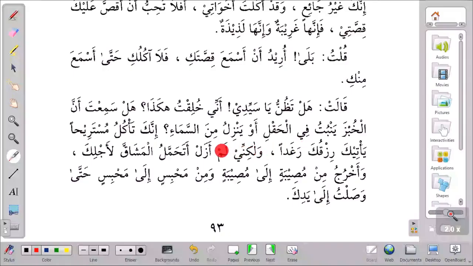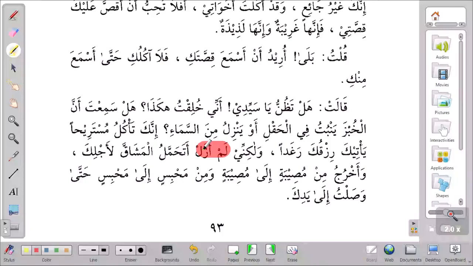Walakinni lam azal atahammalu al-mashaqqa li'ajlika. Walakinni, but I, or however I, lam azal atahammal. When we say lam azal, it means lam yazal, it means he kept.